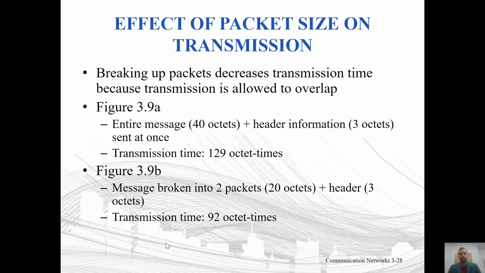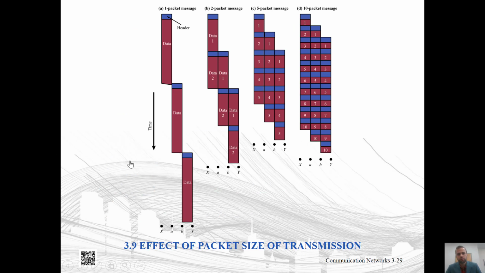And then in the second picture, I'll show you the message broken into 2 packets, plus the header information, and this is accomplished in a reduced transmission time of 92 octet times. All right, so this will make more sense when I show you this illustration.